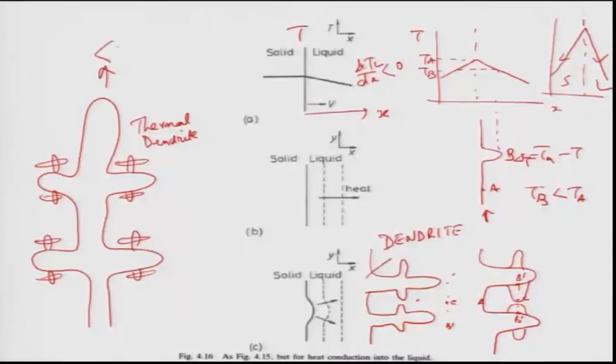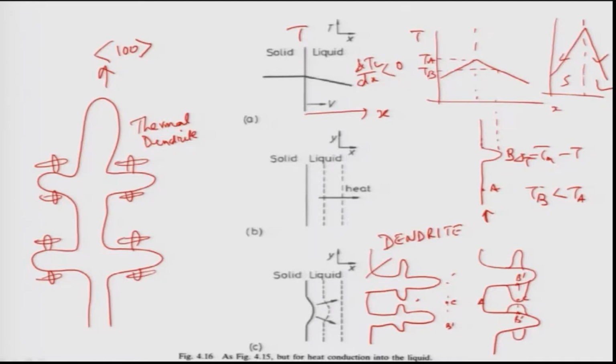Remember, these dendrites grow along certain crystallographic directions, they do not grow in any odd directions. Normally for the cubic crystal these crystallographic directions are 1 0 0, and there are many reasons for that. We will not discuss in detail why they grow along 1 0 0 directions, but it has been found that the dendrites grow along crystallographically low index directions.